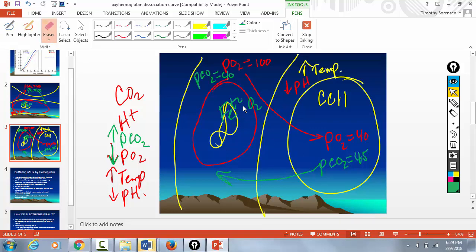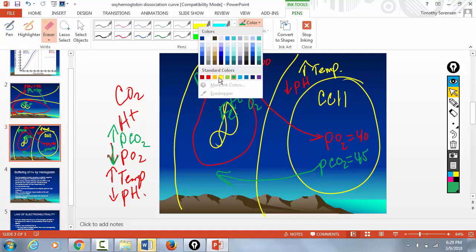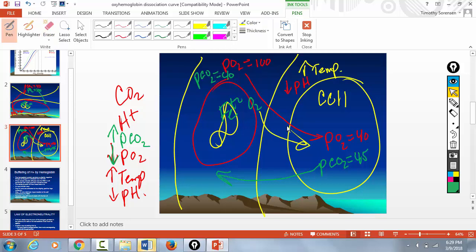It will dissociate from the hemoglobin, and it will go into the cell. Now watch. Let's say you decide to go running. If your cells become more metabolically active, do they need more oxygen at the end of the electron transport chain? Yes.